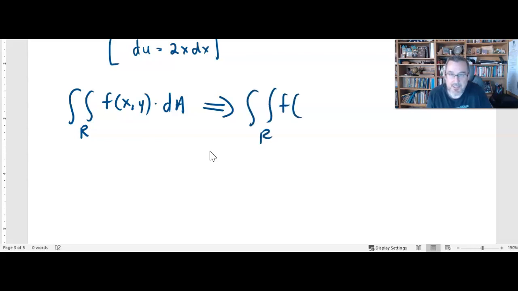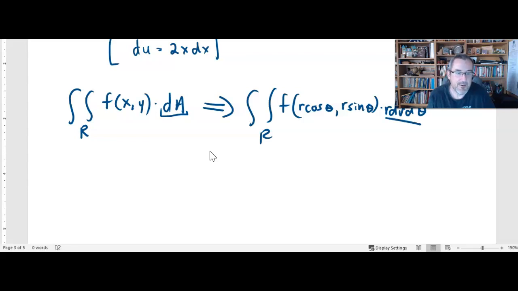So the first thing is, from our polar coordinate conversions, we know that x becomes r cosine theta and y becomes r sine theta. So instead of f of x y, we would have had f of r cosine theta, r sine theta. And our dA in polar coordinates would have been r dr d theta.